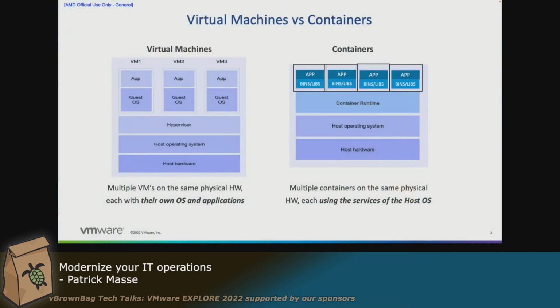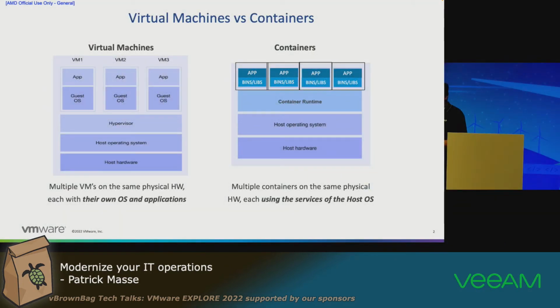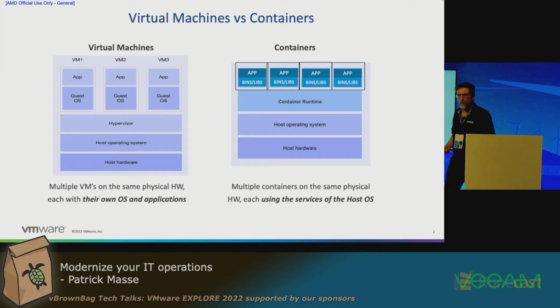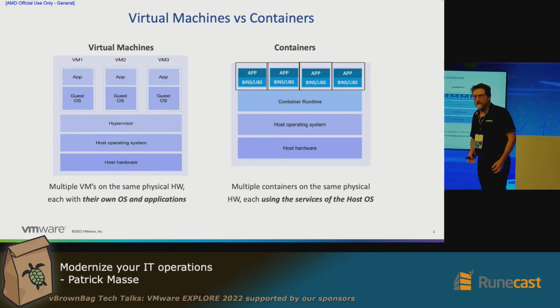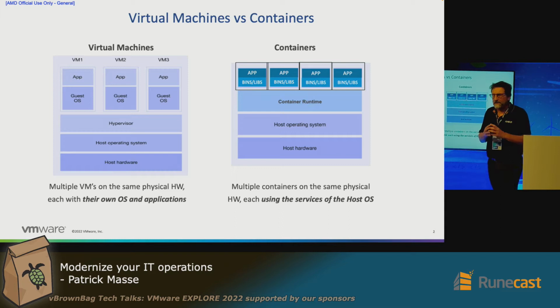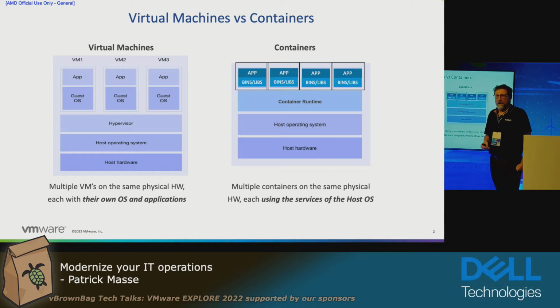So in all our infrastructure, and we are here at VMware Explore, for sure you know about virtual machines, which provide you a way to isolate your workload with its own guest OS and set of dependencies on top of your hypervisor of choice and host operating system.